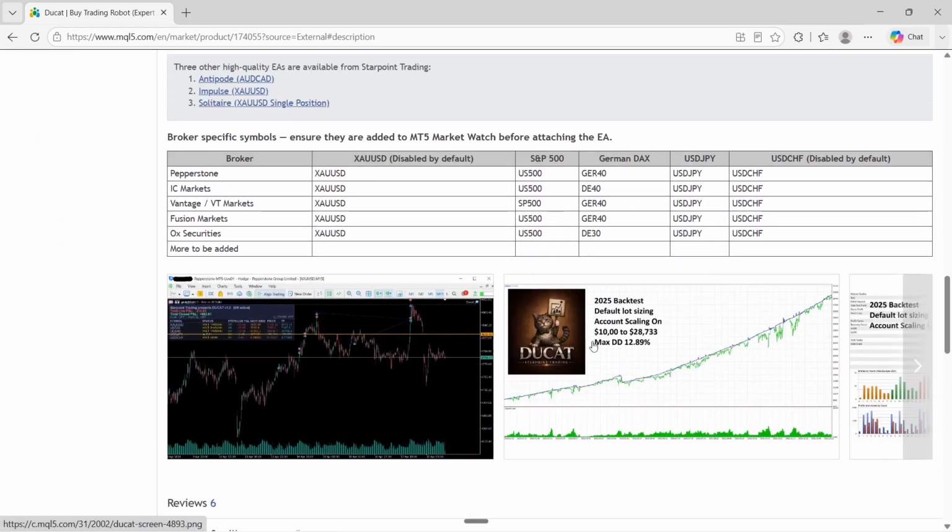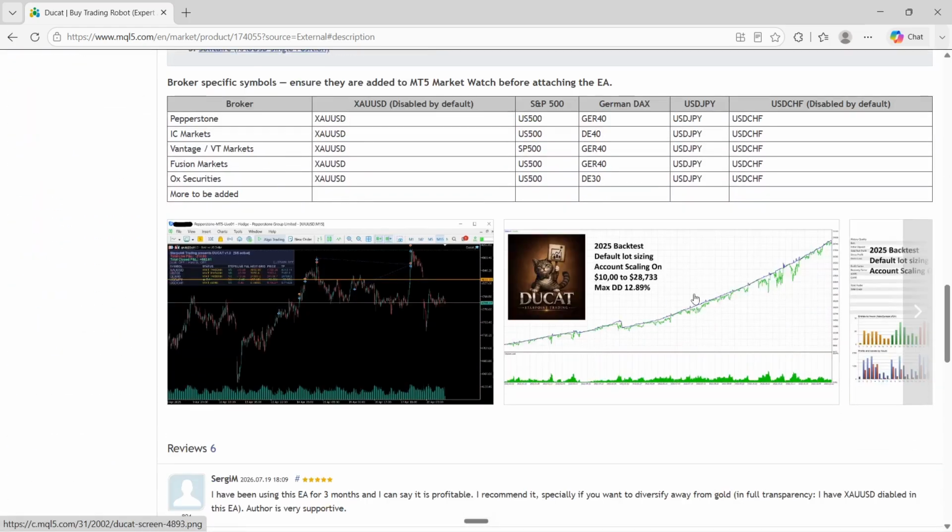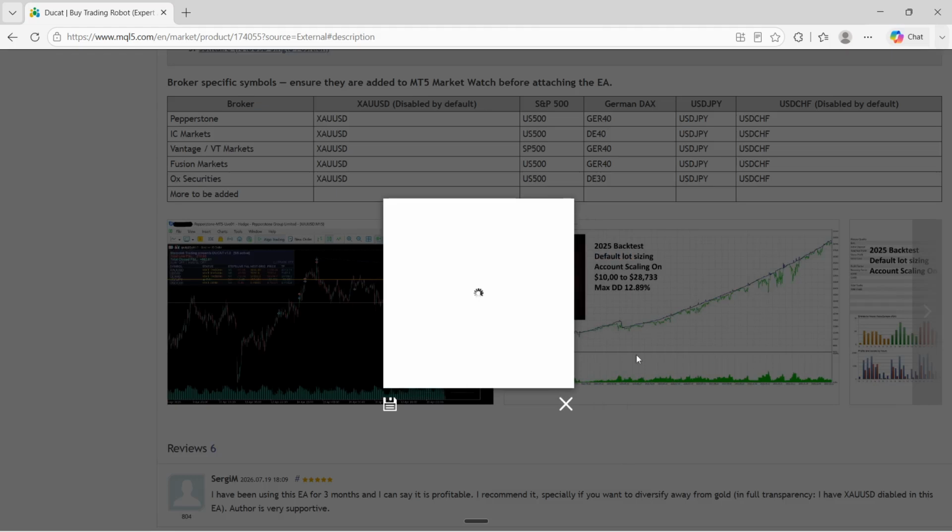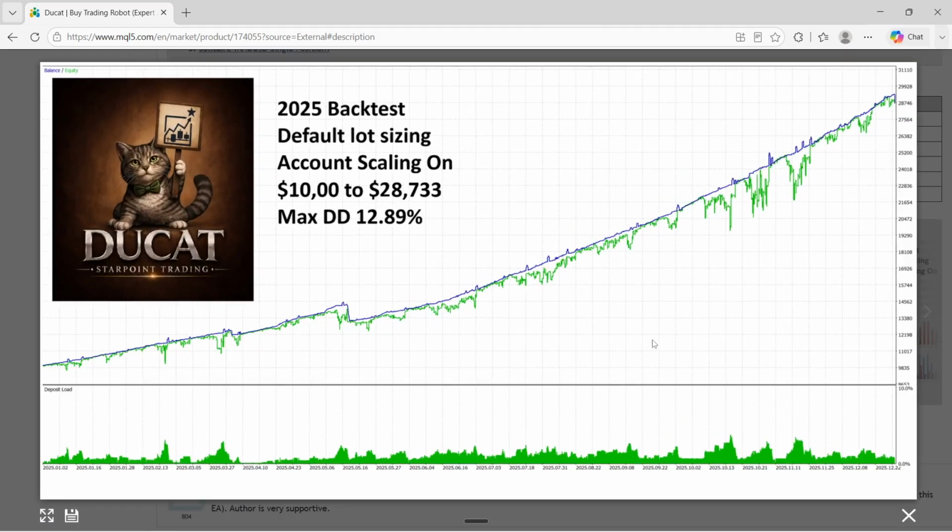Okay, so let's take a look at some of the screenshots here on the website. All right, you can see the claims of scaling. I think this should be $1,000 to $28,733, and a max drawdown of 12.89%.